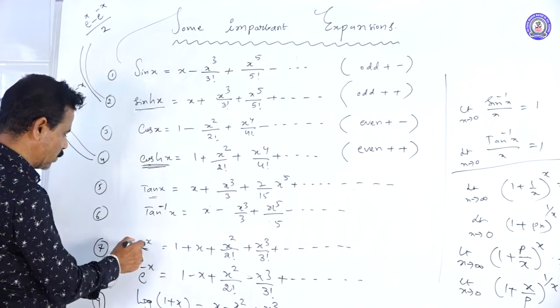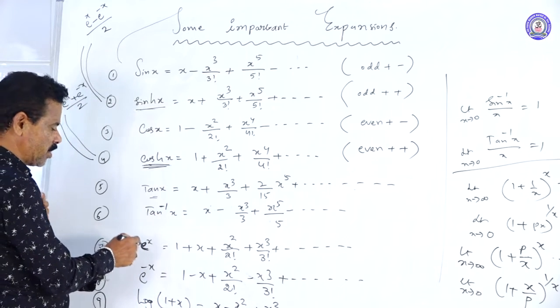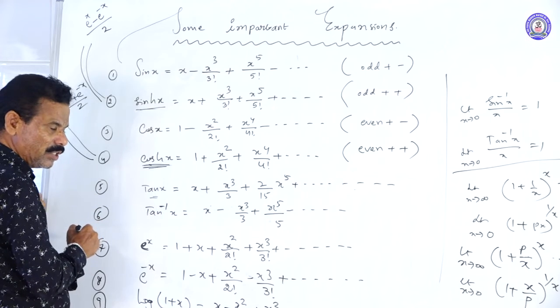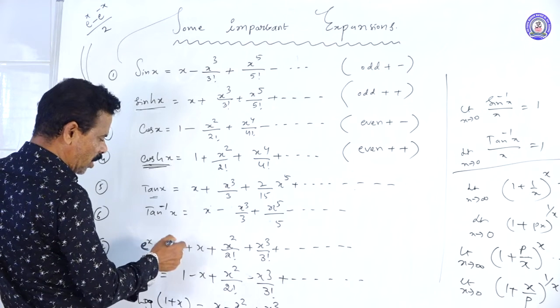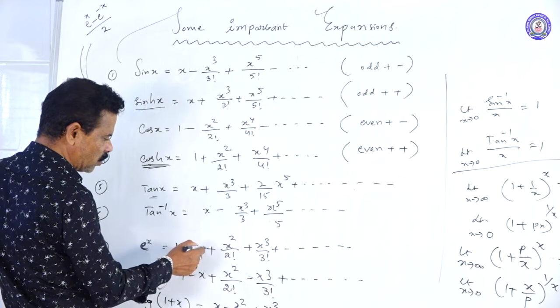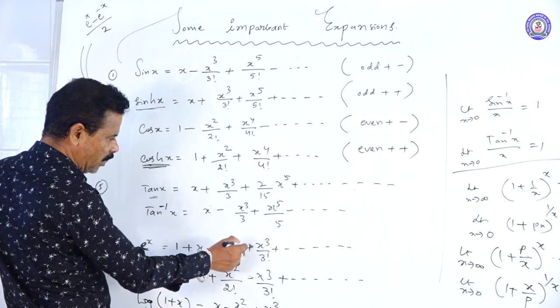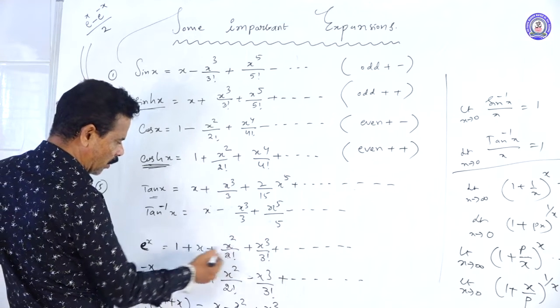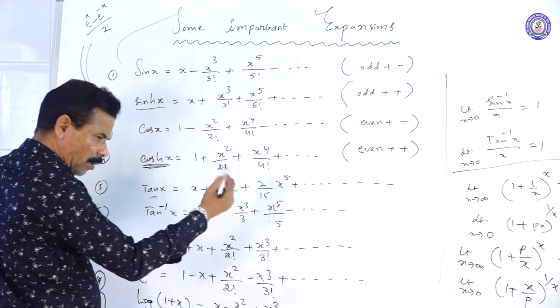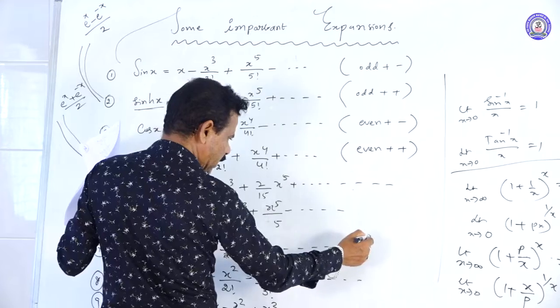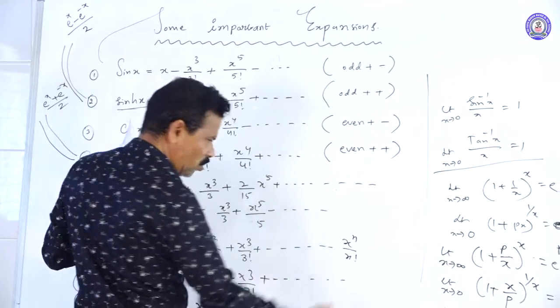Here e power of x is called the exponential series. Its value is 1 plus x plus x square by 2 factorial plus x cube by 3 factorial and so on. Here the 0th, 1st, 2nd, 3rd, 4th, 5th up to the nth term is x power of n by n factorial.